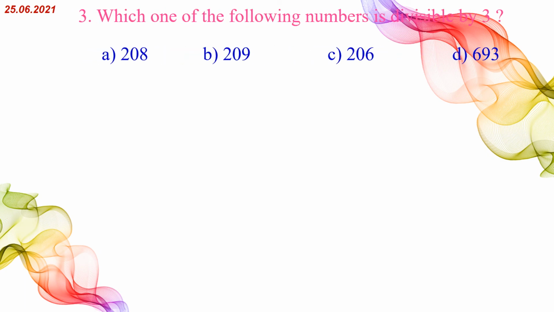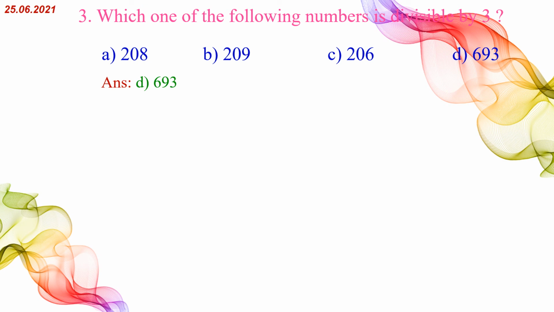Next, the third problem. Which of the following numbers is divisible by 3? The given options are 208, 209, 206, 693. Divisible by 3 means the sum of the digits is a multiple of 3, isn't it? So what is the answer? Very good, 693.